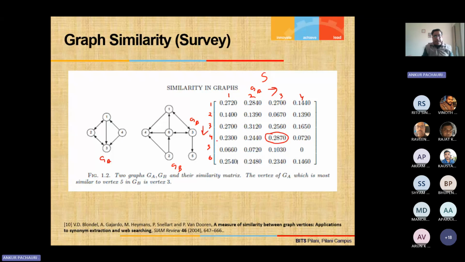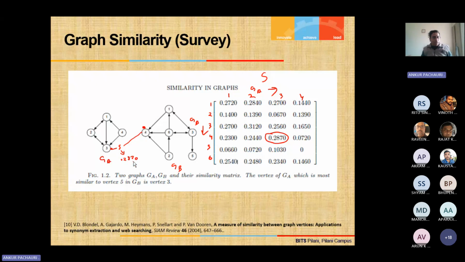So this point means 4 and 3. This is the similarity score between the fourth node of GB, means this one, and the third node of GA, means this one. So the similarity between this and this is what? 0.2870.